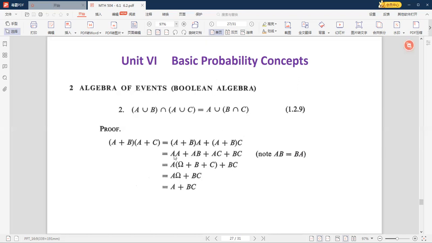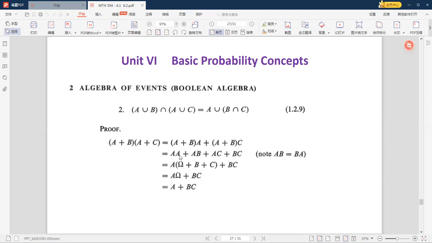Well, A is just equal to A, if you still remember. Intersecting A with itself, we get A, and that's the same as A intersecting with omega, where omega is the universal set or the sample space we're referring to here.